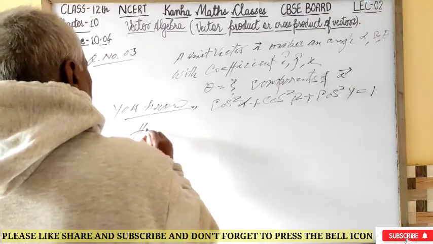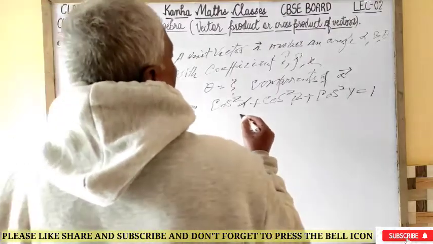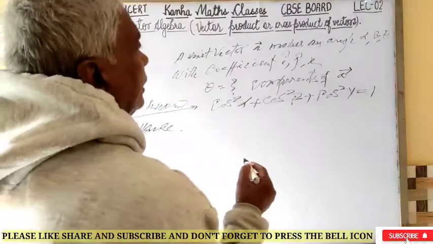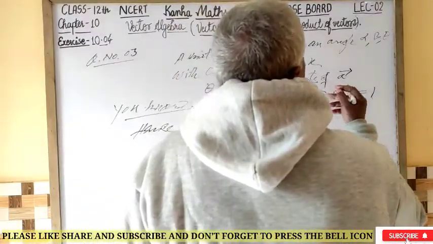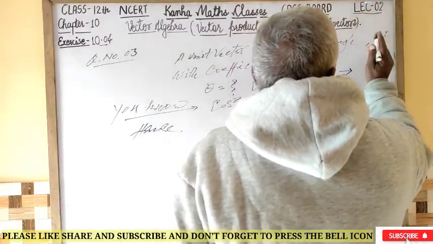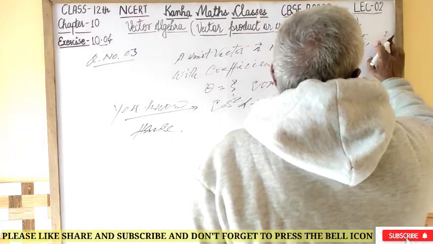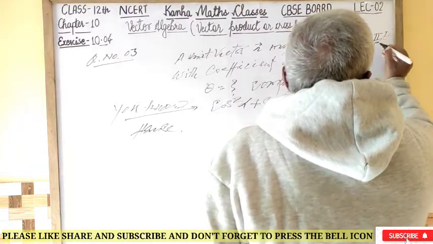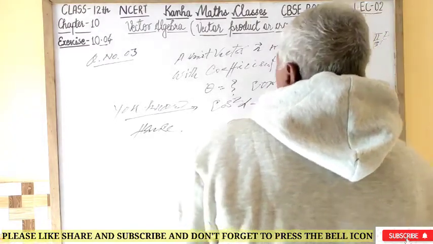Hence, actually this unit vector a makes an angle pi by 4, pi by 3 and acute angle theta.